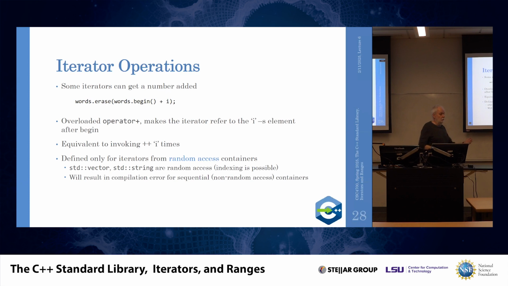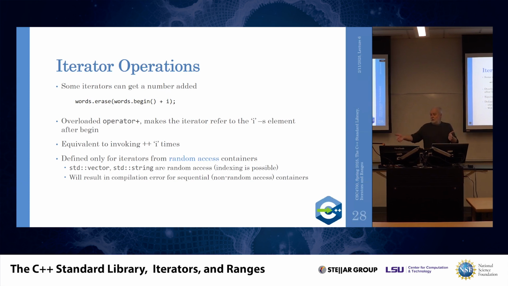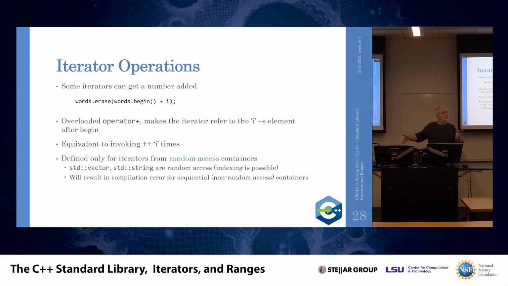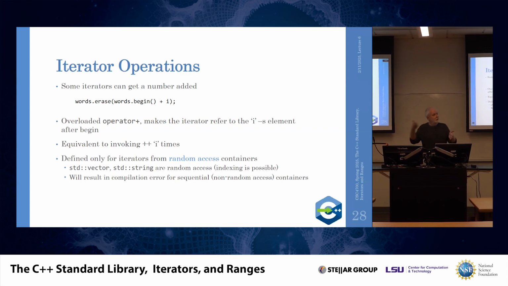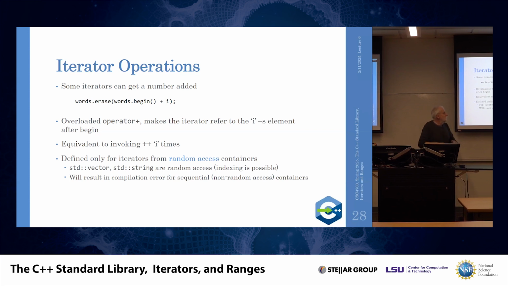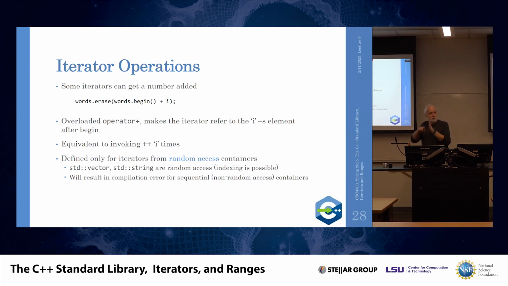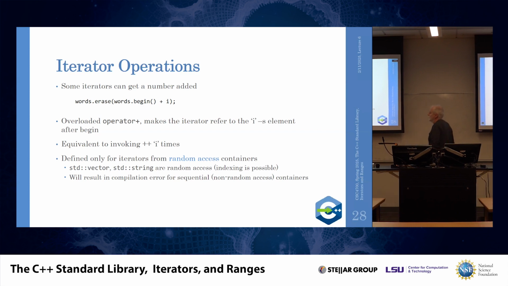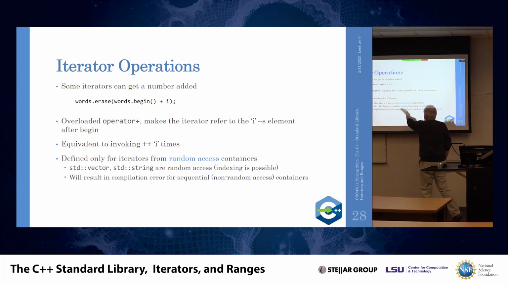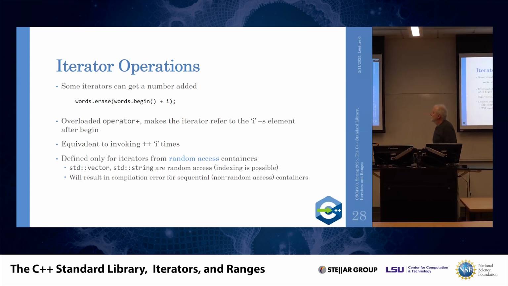It's an array. So when I refer to one array element, I can easily go to the element that is n steps away from the current one by just adding n to the underlying pointer. So the operation +n is much more efficient than calling ++ n times, which would impose a loop and have a complexity of O(n). These iterators are called random access iterators, and they are exposed by random access containers, and we will see that in a moment.